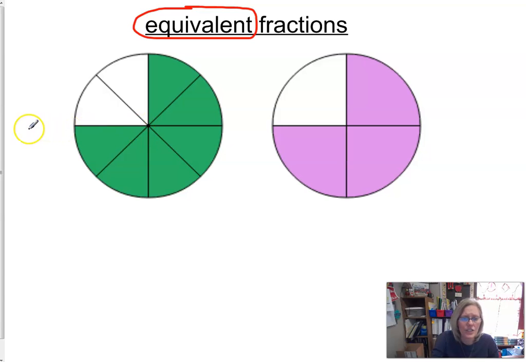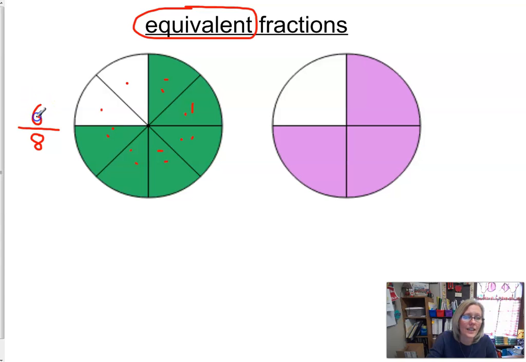And if I were just to write the fraction for this, well, I know I need the total pieces. So let's count those. 1, 2, 3, 4, 5, 6, 7, 8. Well, there are 8 total pieces. How many of them are shaded? So we're just looking only at the shaded right now. 1, 2, 3, 4, 5, 6.